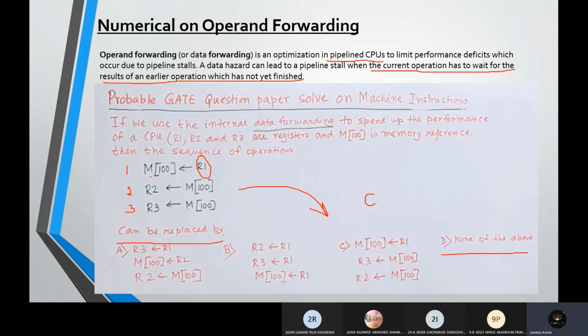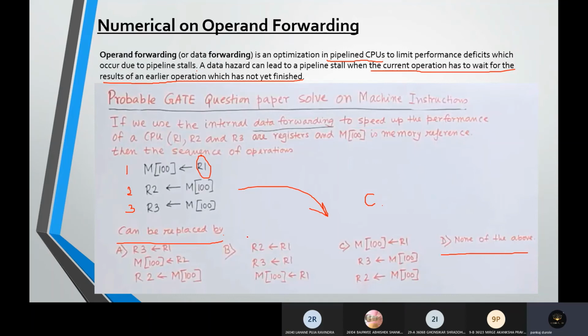The second instruction is dependent on the first, and even the third instruction is dependent on the first. In the first example, no other instruction is dependent on the first instruction; there is only dependency between second and third.